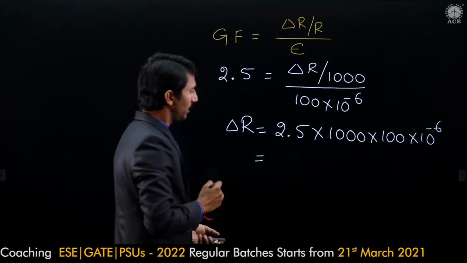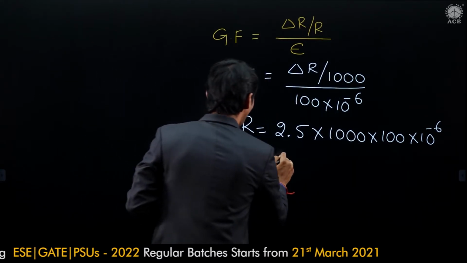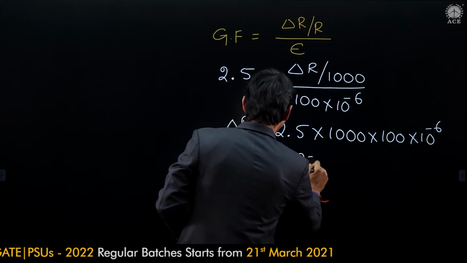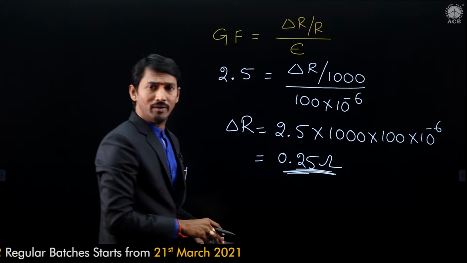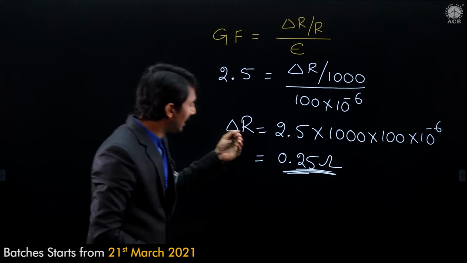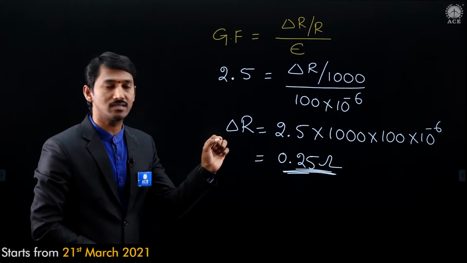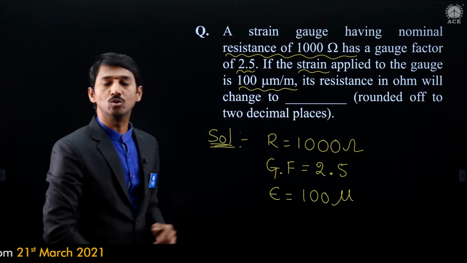Clear? If you simplify this, you will get the value as 0.25 ohm. The moment people calculate this, they leave it here and write the answer as simply 0.25 ohm.